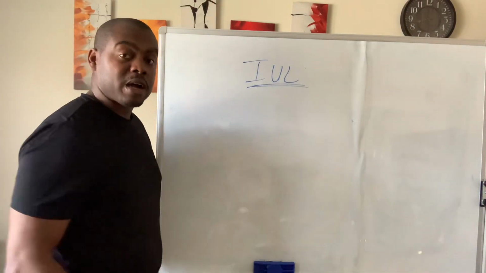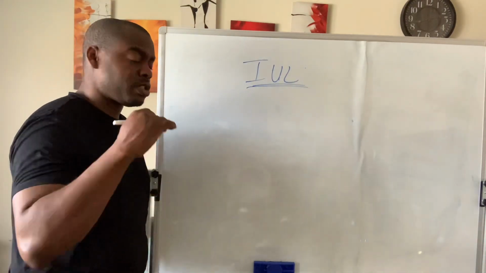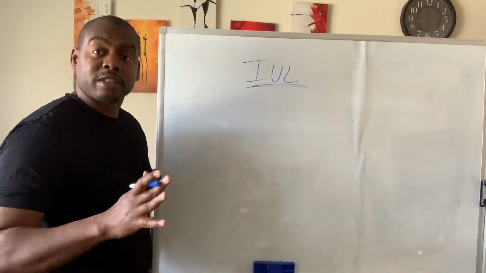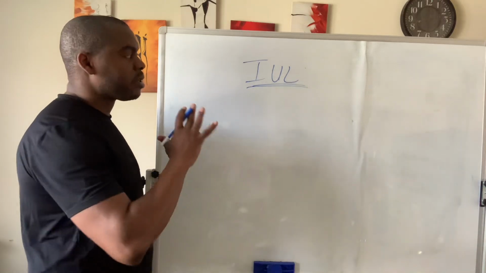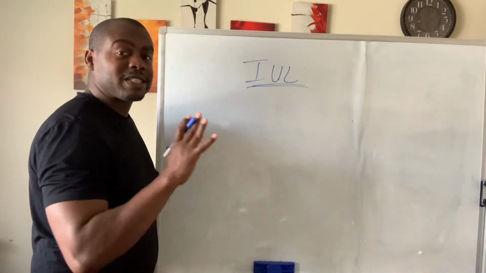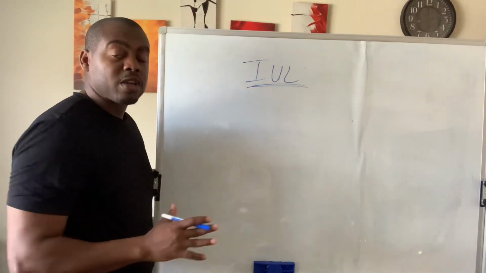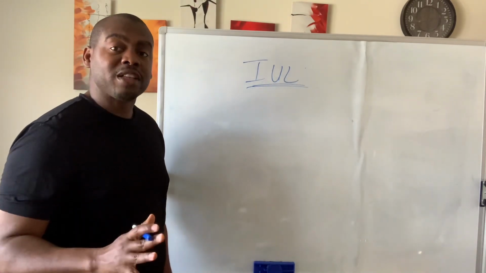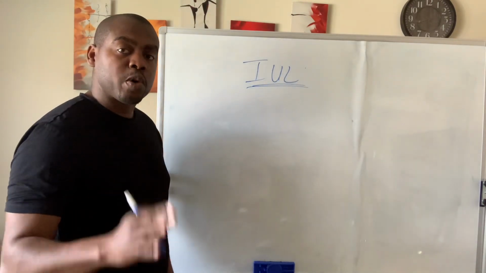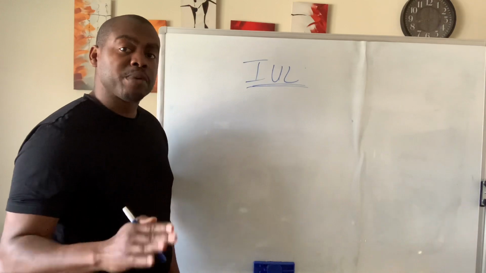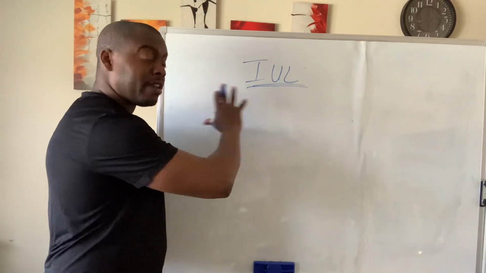They invest in bonds, stock options, real estate, so different investments, but the majority goes to safe bonds. So when you have a whole life policy and they're able to guarantee you 4%, that's how they're able to do it, by putting it into bonds.